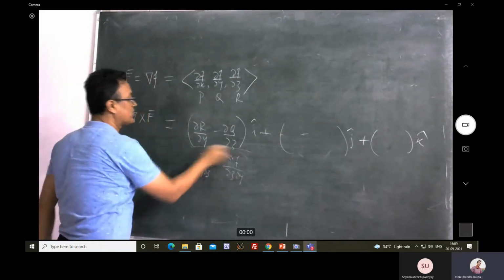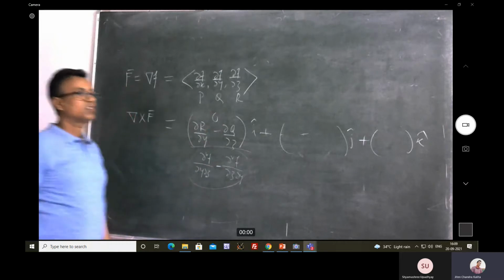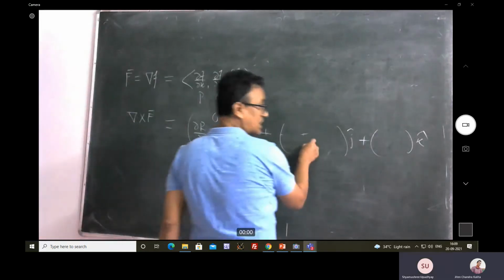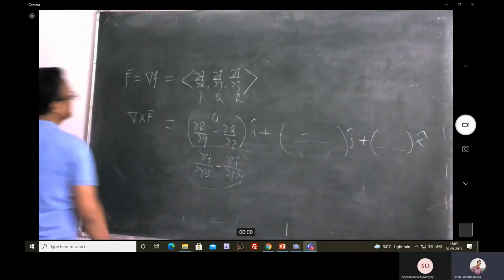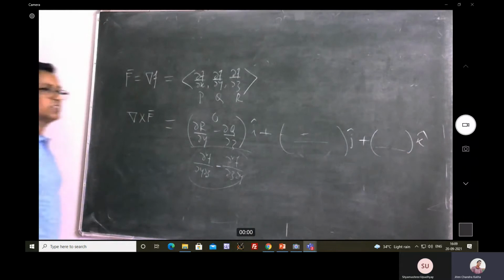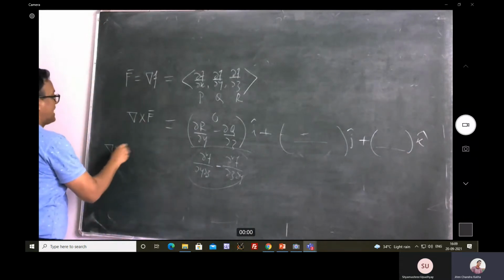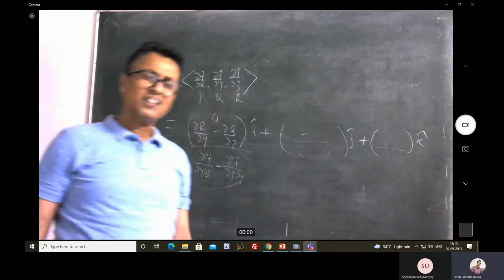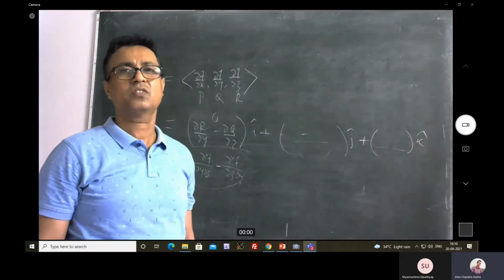If you apply Clairaut's theorem, this is going to be 0. Similarly, the other two are going to be 0. So if f is the gradient of a scalar function, then the curl of f gives you the zero vector. Okay, fine. Can you make one comment from this?